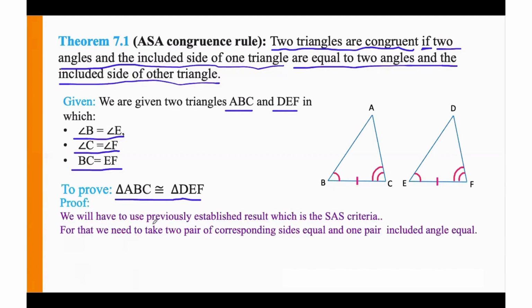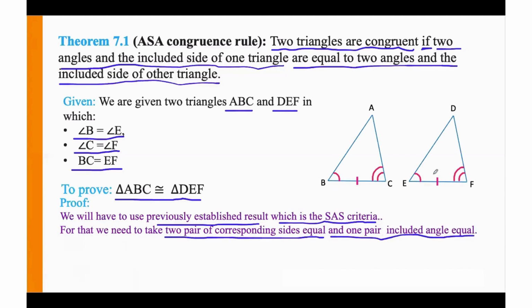We will have to use a previously established result, which in this case is our SAS criteria. And for that we need two pairs of corresponding sides to be equal and one pair of included angles equal.